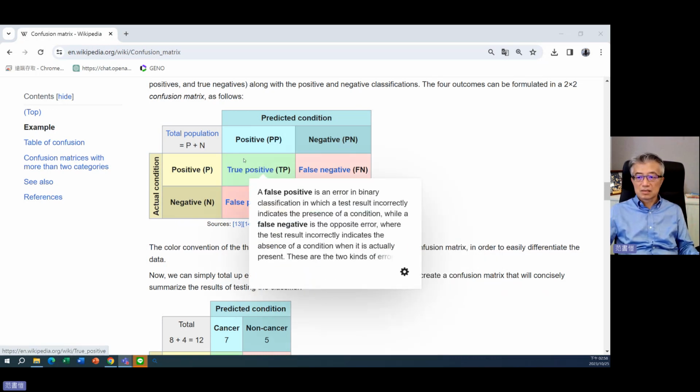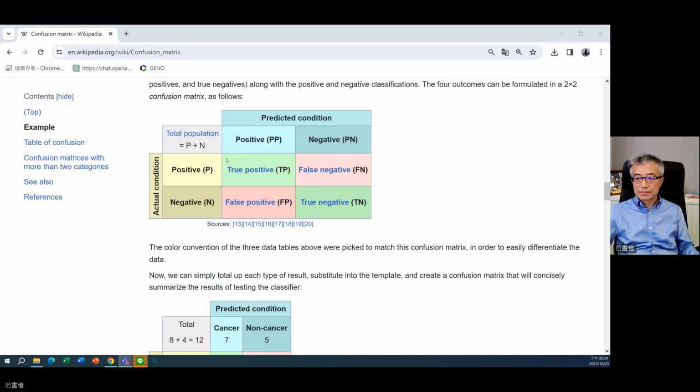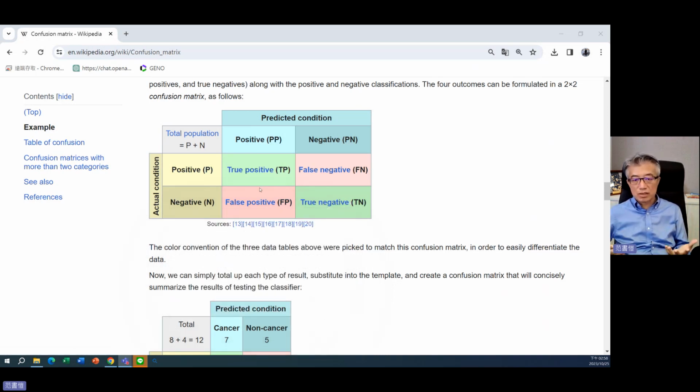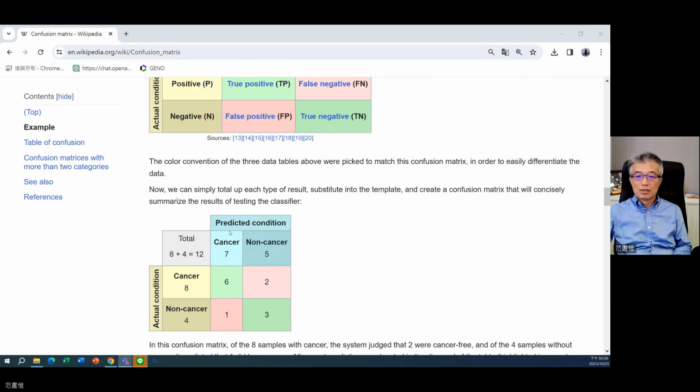So look at this. On the diagonal, this is something related to the correctness we made. Off the diagonal are some instances where we do not make the correct prediction. The color convention for the 3 data tables above was picked to match this confusion matrix in order to easily differentiate the data.